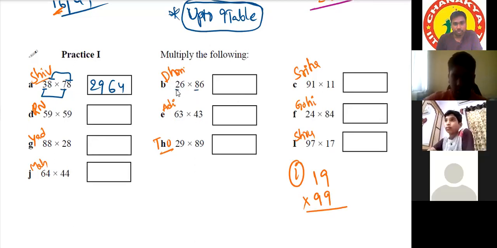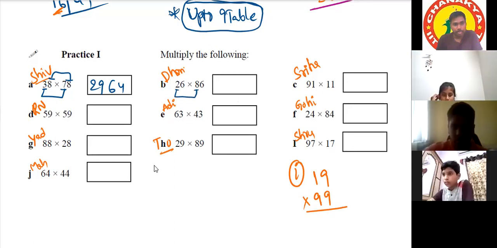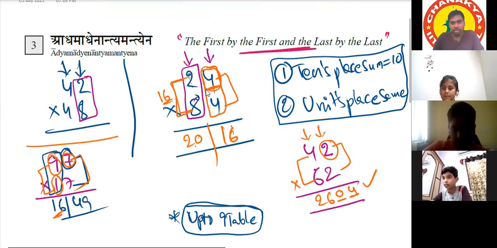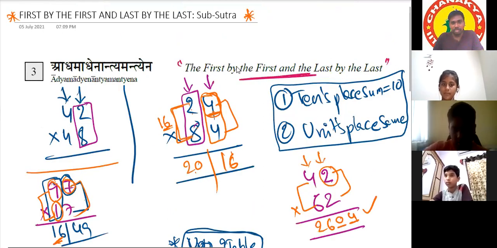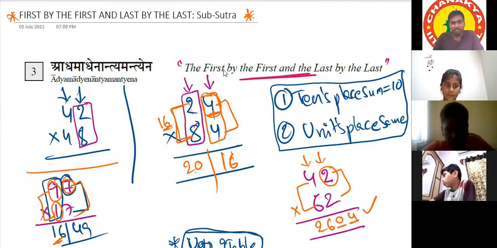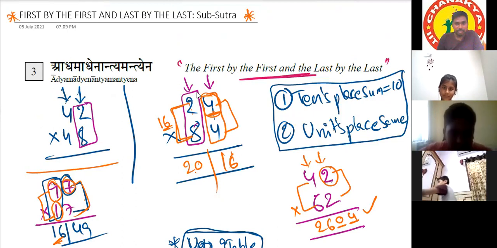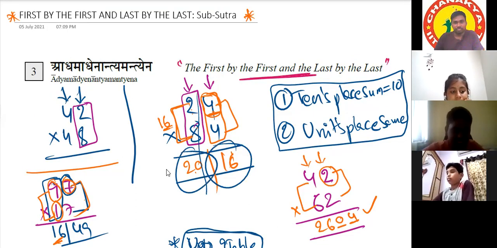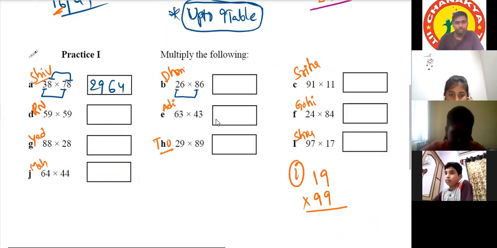Sir, I didn't understand. Yes, sir, 2 and 8 on one side and 6 and 6 on the other side. So first we should multiply 2 and 8. I think now you got why the Sutra name comes like this. First by the first and last by the last. So first half is giving the first part, second half is giving the second part. Yes or no? Carry on.